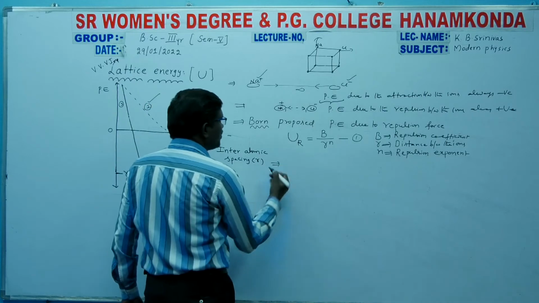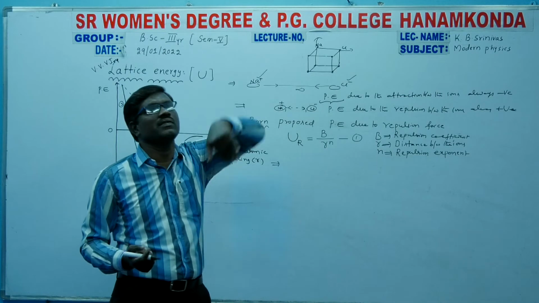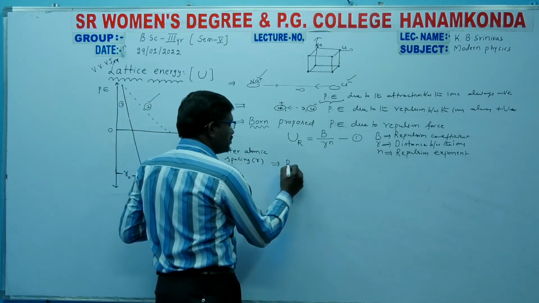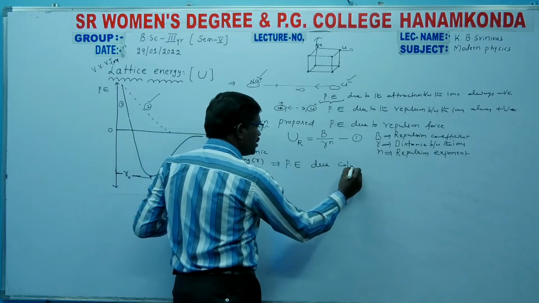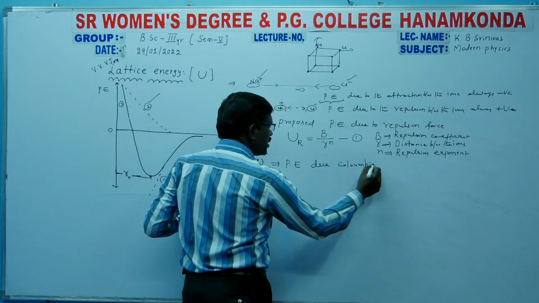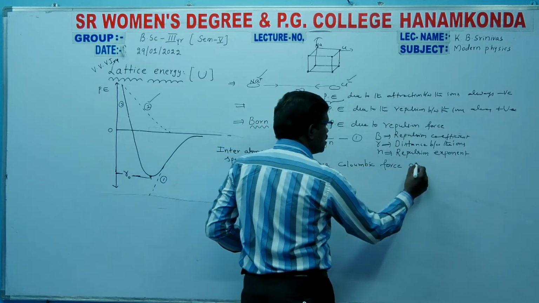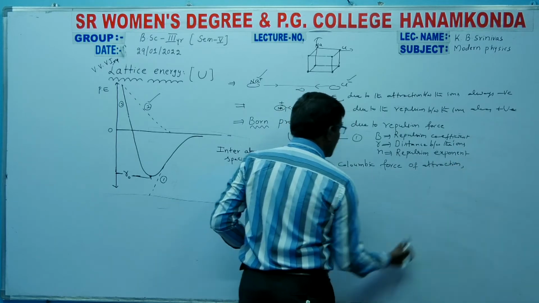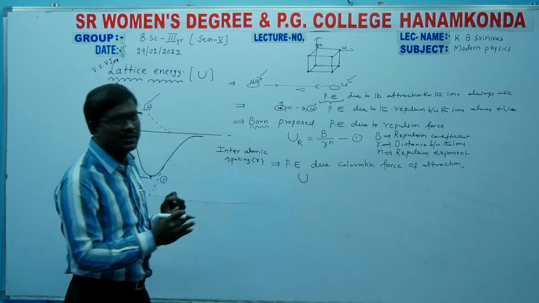Actually, the attraction force is calculated by using Coulomb's inverse square law. See, the potential energy due to Coulombic force of attraction, here I am representing by UC. U always represents potential energy only.